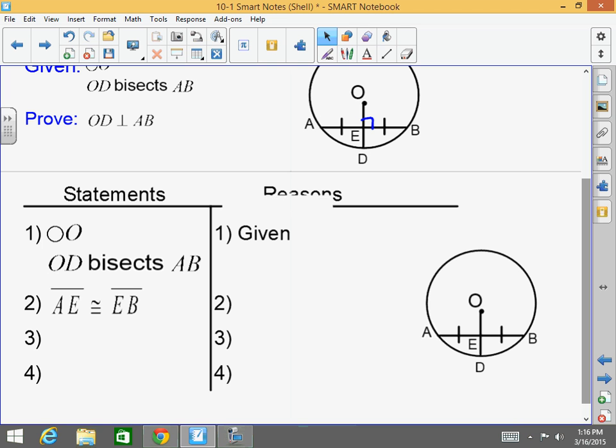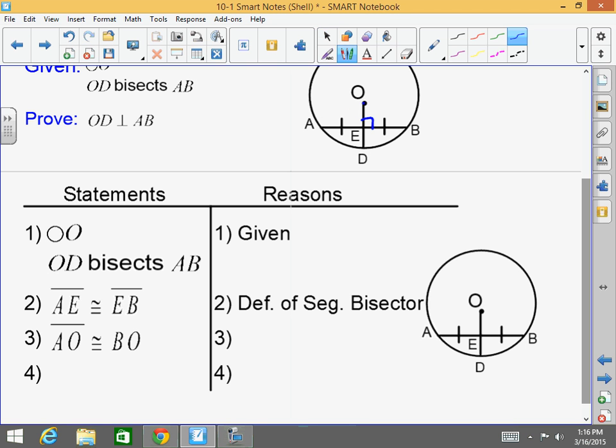So number 2, we would say AE is congruent to EB, definition of segment bisector. Number 3, AO is congruent to OB, ARAC. All radii are congruent. Okay? Now, let's go back in time. Isn't O equidistant to A and B?